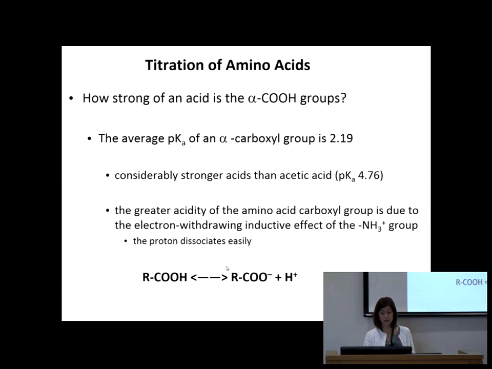So the proton dissociates easily. I'm not going to ask you for this definition, because you would have to have organic chemistry to fully understand it. But I do want you to know, in general, the carboxyl group, the acid on an amino acid, is a stronger organic acid than comparable organic acids.